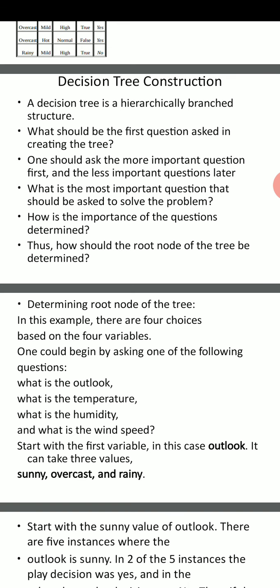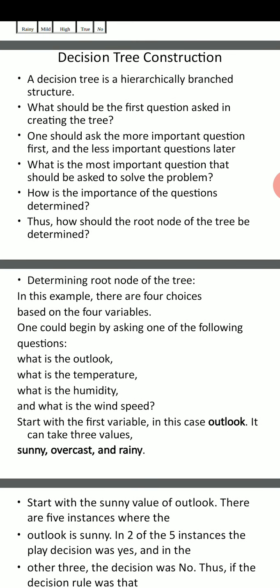A decision tree is a hierarchically branched structure, as all of us know. What should be the first question asked for creating the tree? What should be the first question to be asked to construct a decision tree?